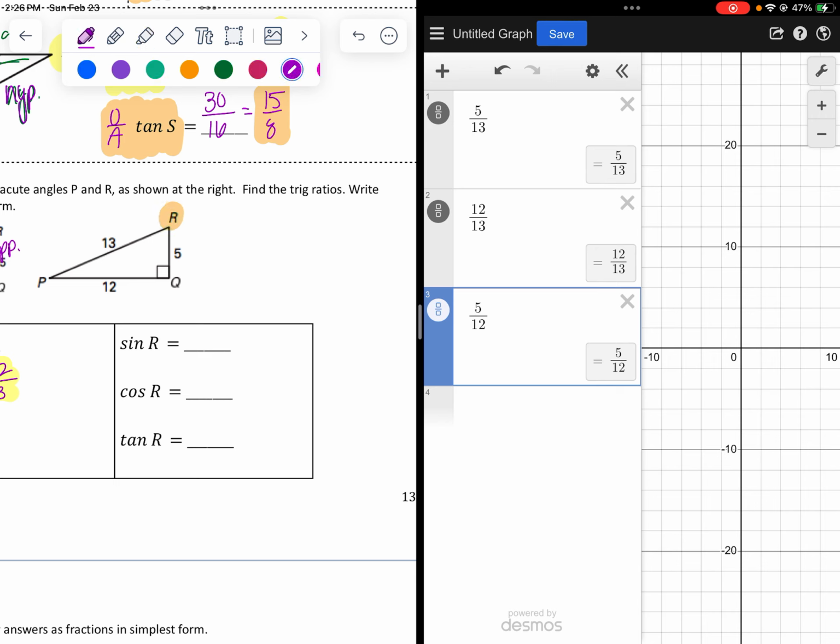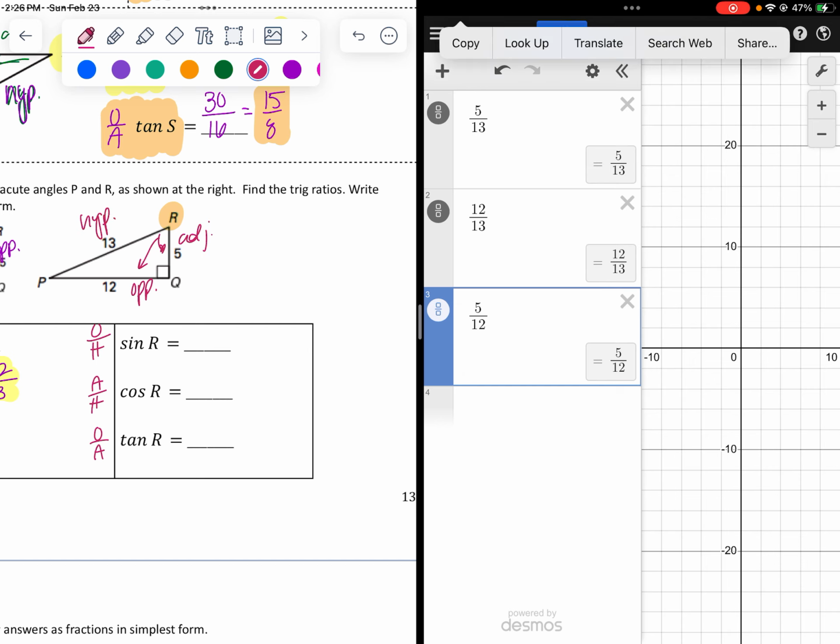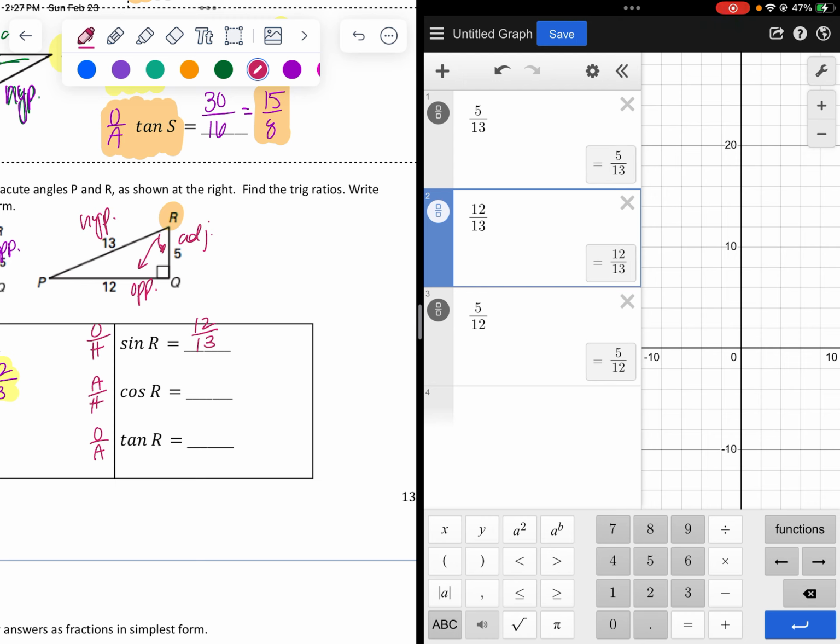Sine is still the opposite over hypotenuse, cosine is still adjacent over hypotenuse, tangent is opposite over adjacent. So if I'm labeling my triangle, my opposite side now is 12, my adjacent side is 5, my hypotenuse is going to be 13. So my opposite is 12 over my hypotenuse, which is 13. So I'm looking at 12 divided by 13. Now we already did that one right here, and we saw that that is the most reduced that we could do. So that is the answer.